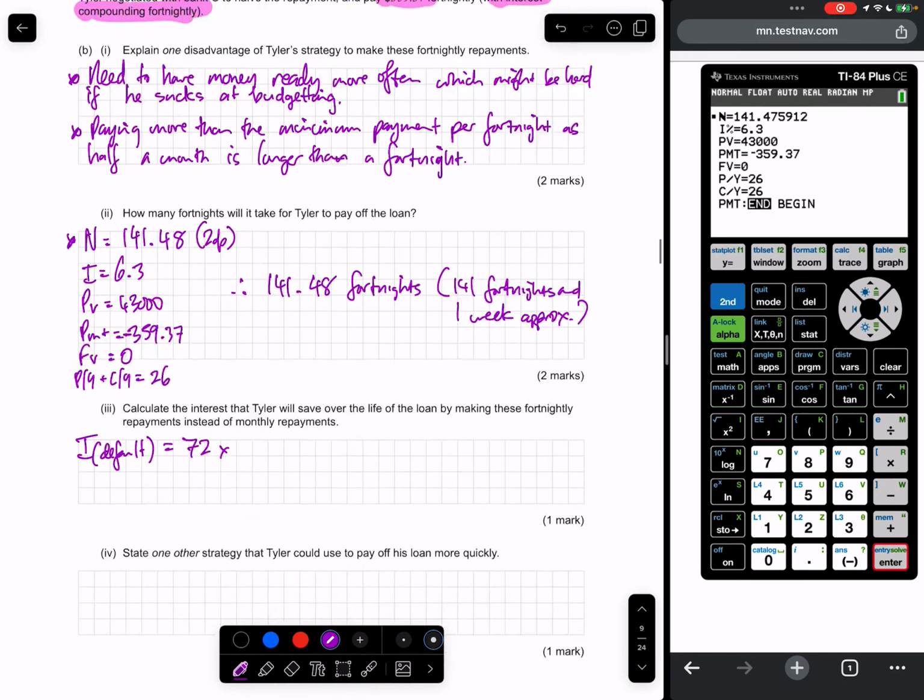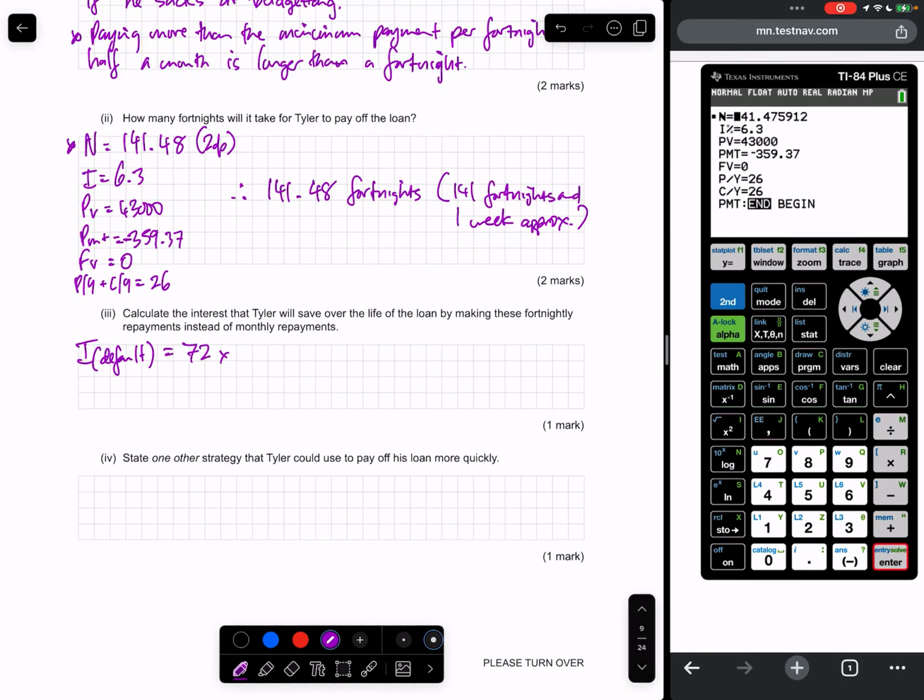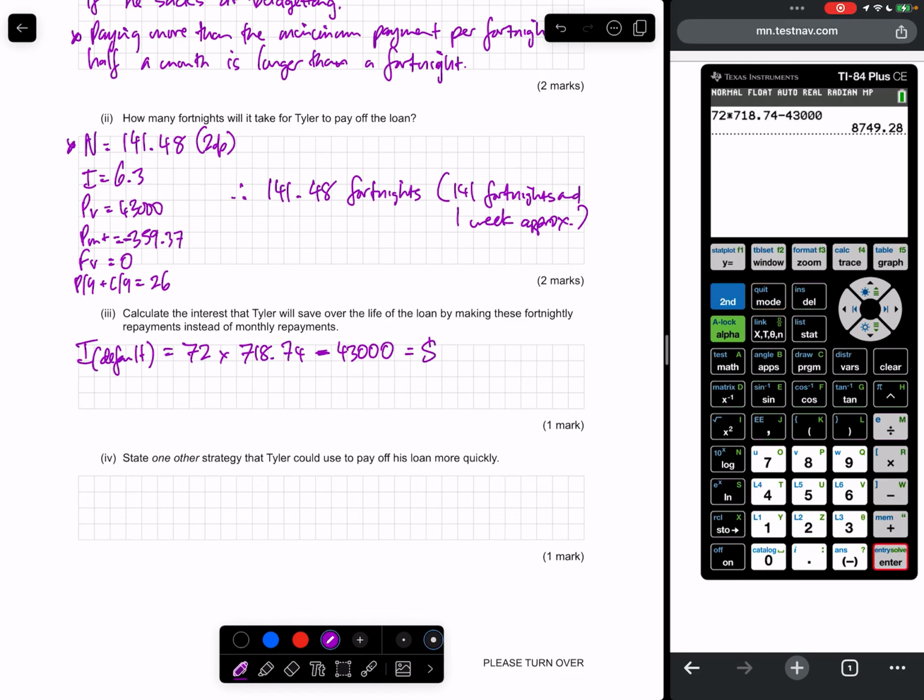Yeah, 6 times by 12. 72 payments of $718.74. Take away the $43,000 PV. 72 times by 718.74. Take $43,874.28.